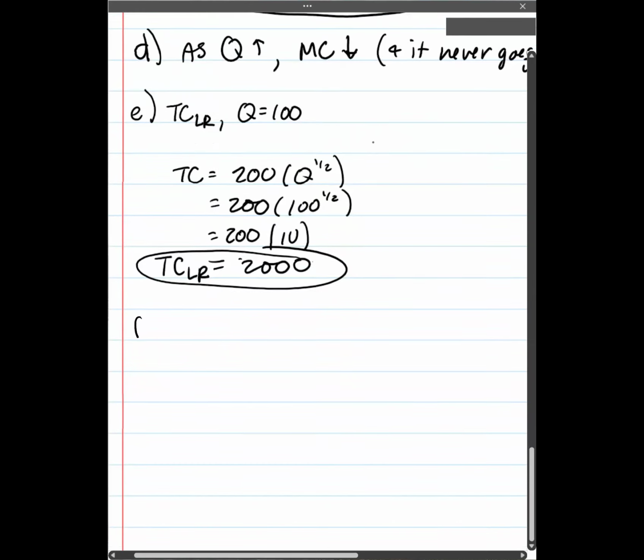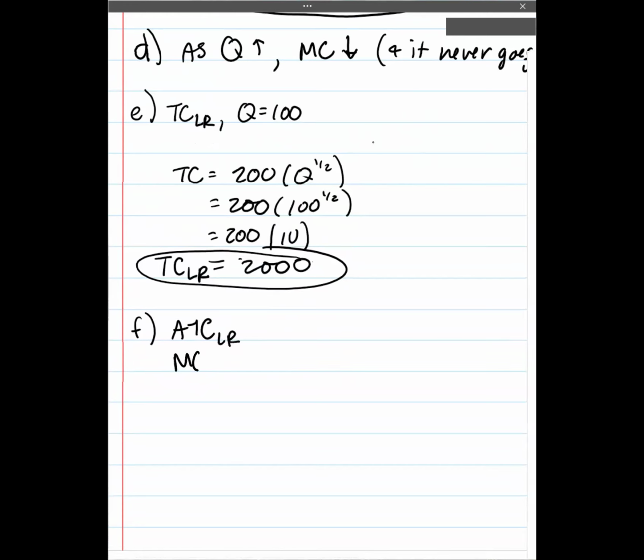Part F asks us to evaluate the firm's average total cost in the long run and marginal cost in the long run when quantity is 100. So we're going to use that average total cost equation. So we have 200 times quantity to the negative 1/2 power. We can rewrite this as 200 over quantity to the positive 1/2.